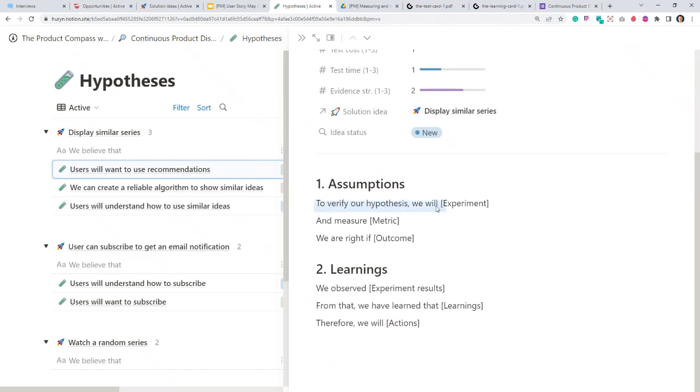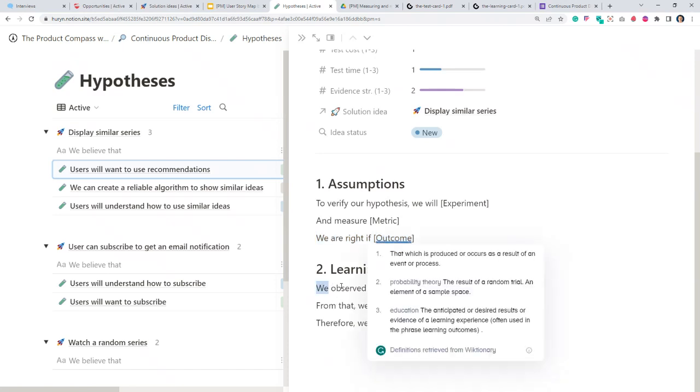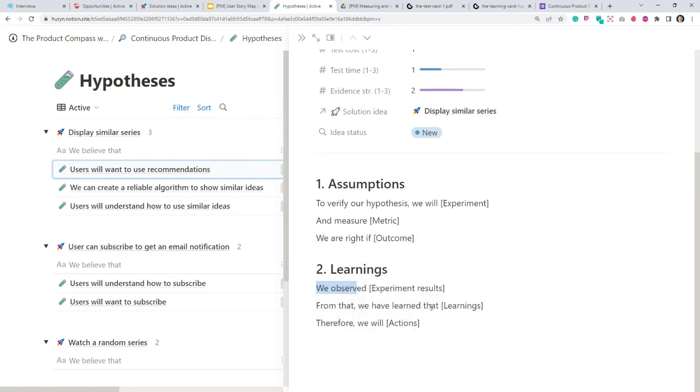So what we will do to verify our hypothesis. For example, we create a Figma prototype and link it to the Maze experiment, which is a first click test. We'll measure the misclick ratio, and if we are right, then we expect the following outcome. And here you can note what we observed, what we have learned, and what we will do next.